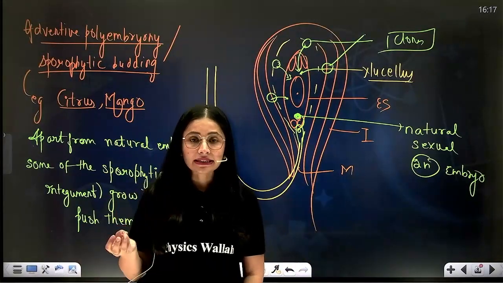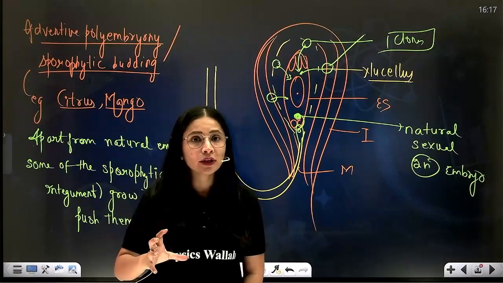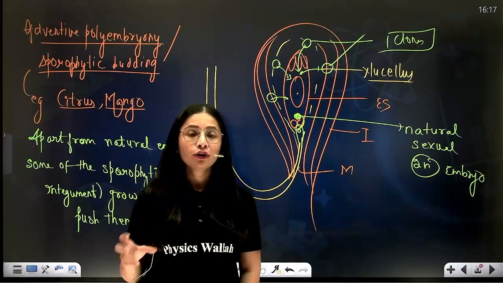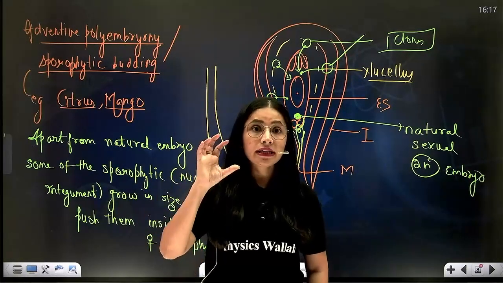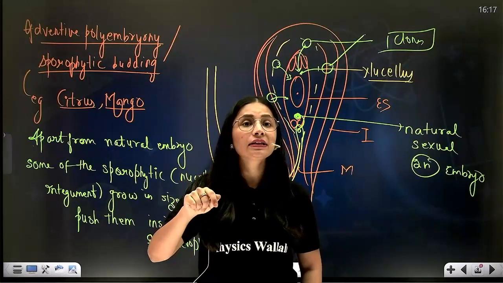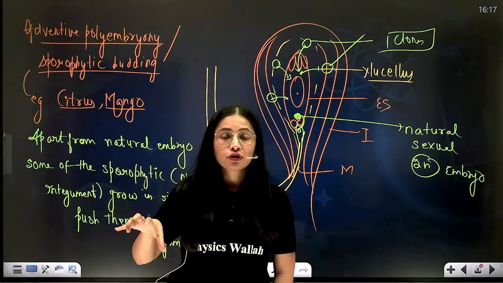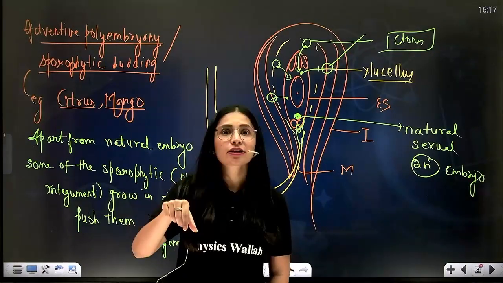So now in citrus and mangoes, what you see? You see some normal embryos and some asexual embryos also. So if you get in lemon, suppose you have 10 seeds, and if you plant those 10 seeds, there may be 4 to 5 such seeds having asexual embryo.